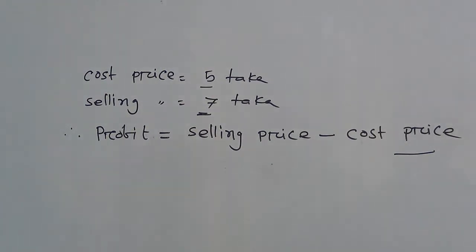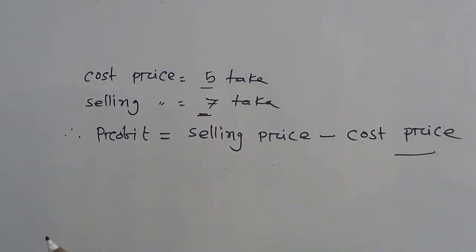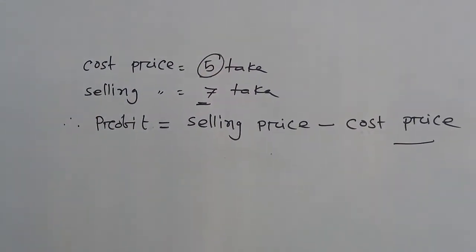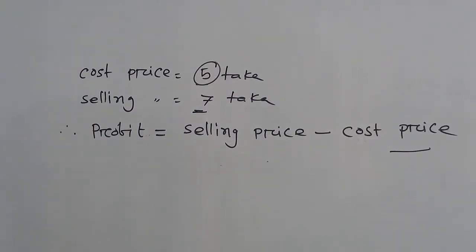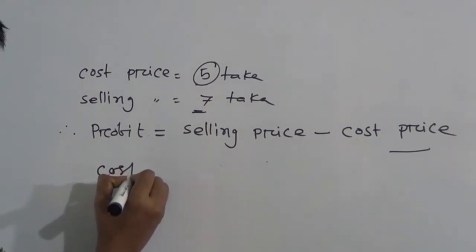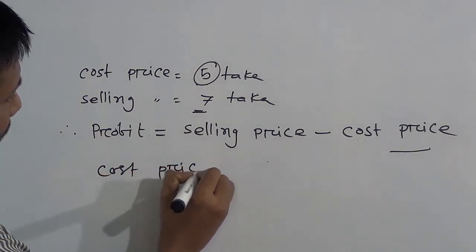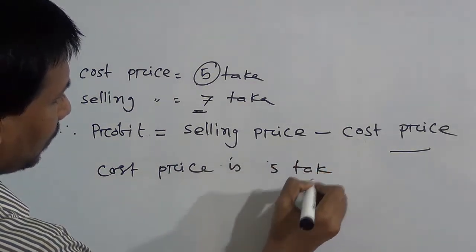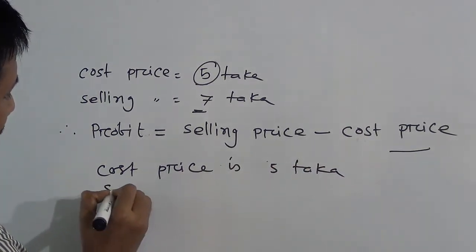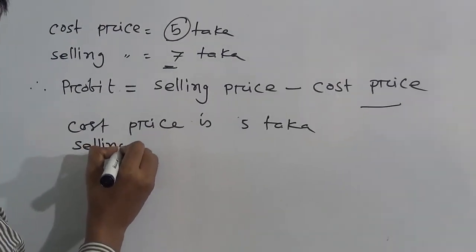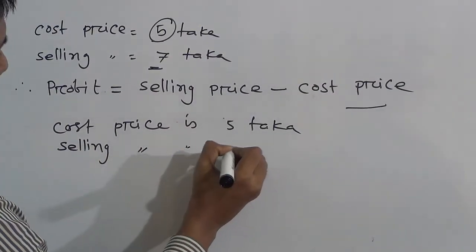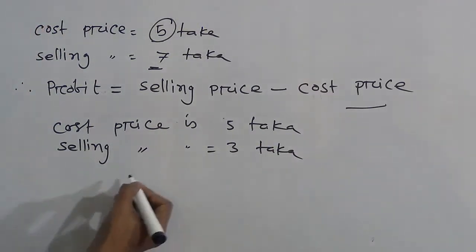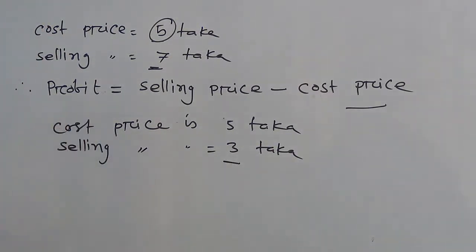But suppose again, you buy a pen with 5 taka but sell this pen for 3 taka. Look, when cost price is 5 taka but selling price is 3 taka, you see here selling price is less than the cost price.